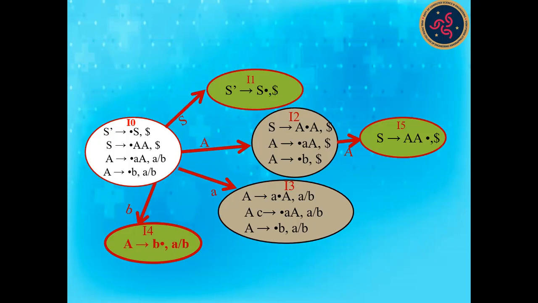Very fine. Then next, I can consider the terminal symbols, that is small a and small b. So what happens when small a comes at state I2? Here this is state I2, right? When at I2 the symbol a comes, I need to go to a new state, that is I6. So here my state is going to this production. I need to apply the closure on this production, that is A gives A dot capital A, comma, dollar symbol.